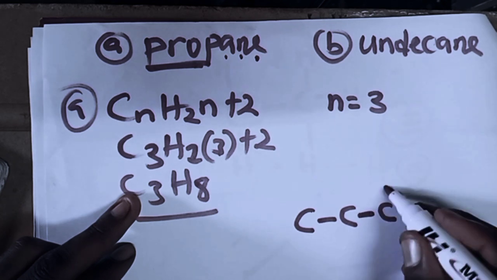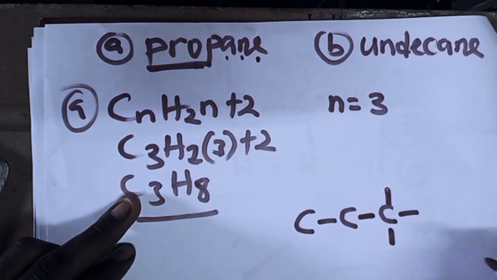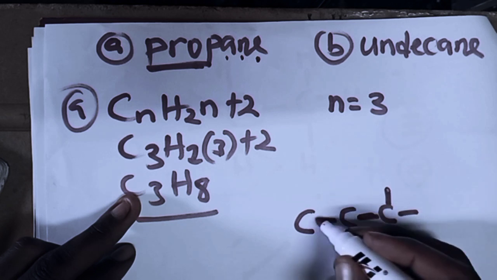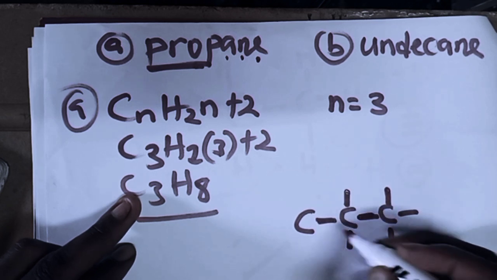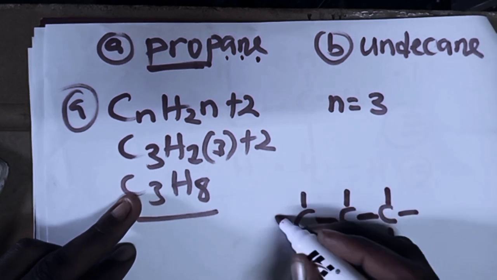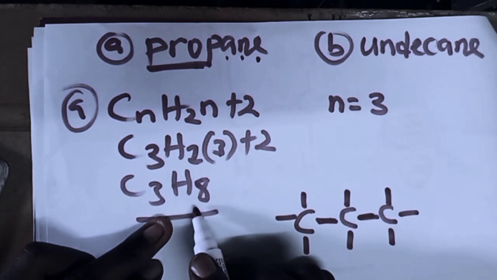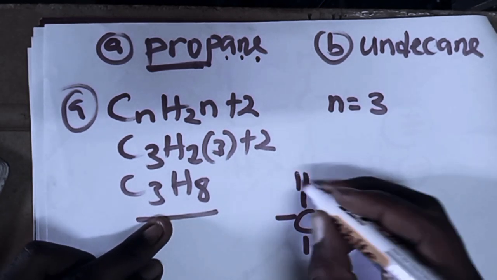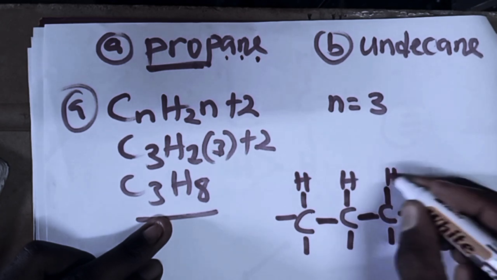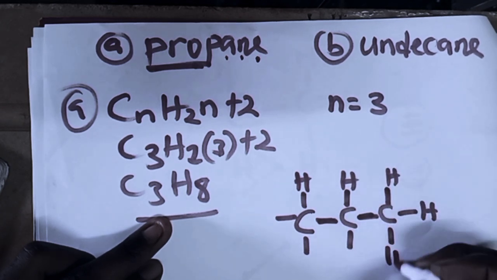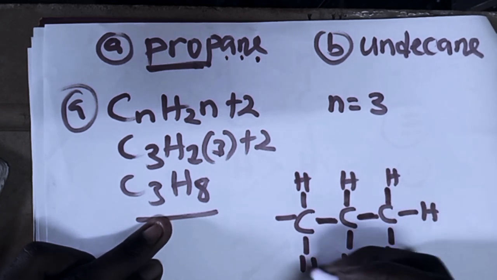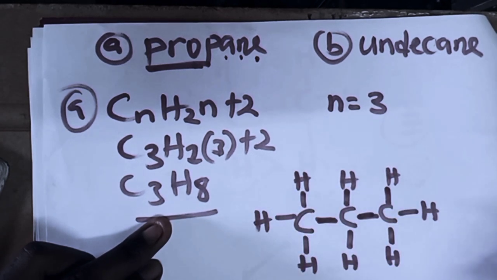It's 1, so we can still add 2, 3, 4. This one has 1, 2, meaning remaining 3, 4. This one 1, 2, 3, 4. How many hydrogens are we having? 8. Distribute them: 1, 2, 3, 4, 5, 6, 7, 8. This is the structure.